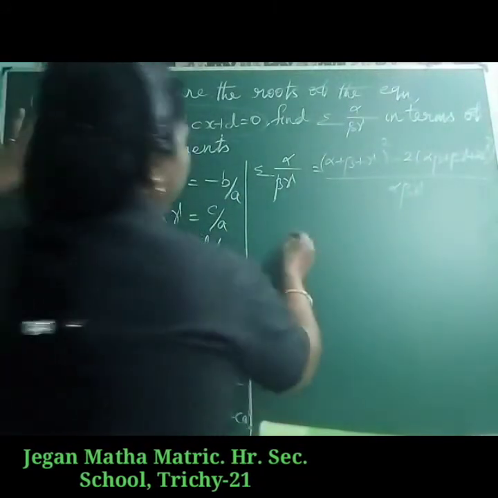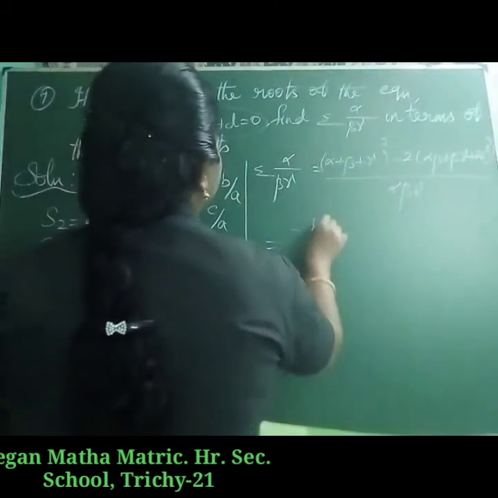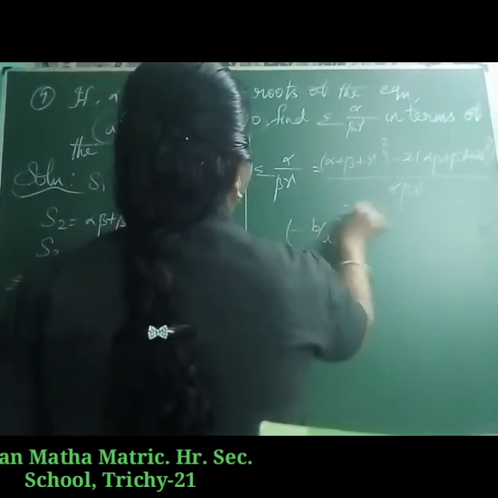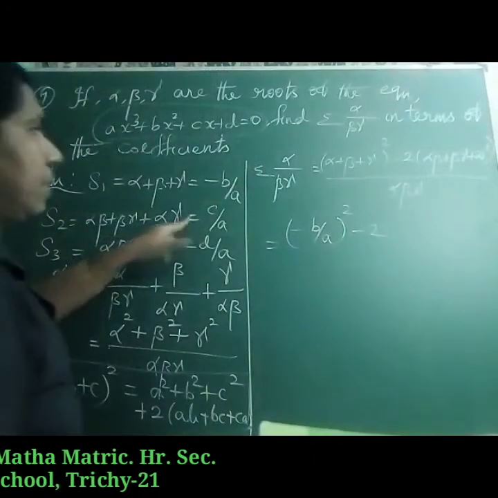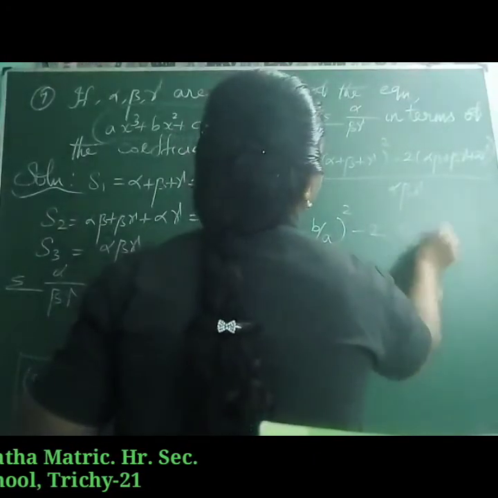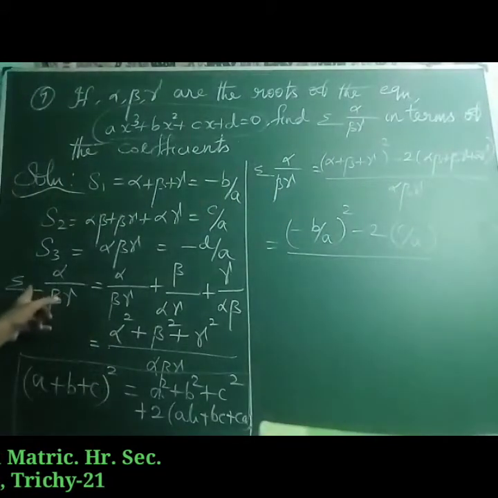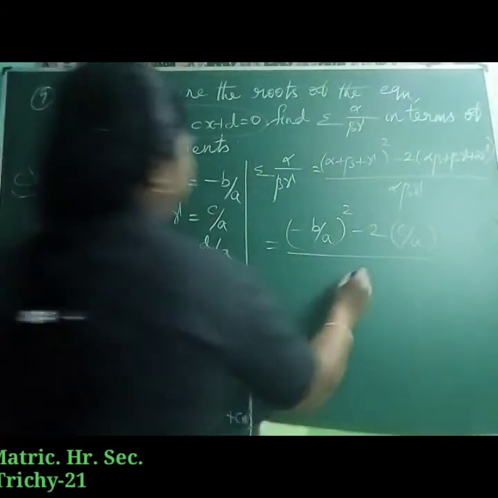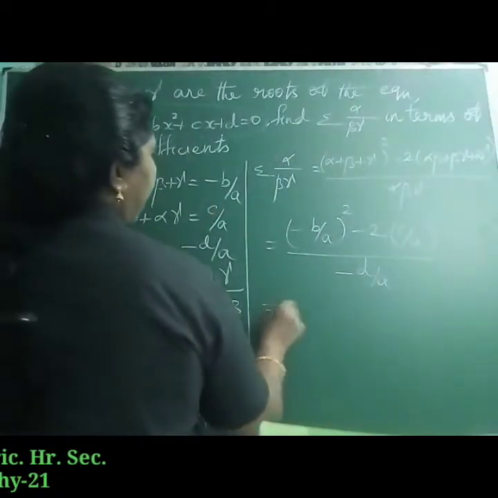So if you are substituting here, alpha plus beta plus gamma is minus b by a, the whole square, minus 2 into, second summation is c by a, divided by alpha beta gamma, third one, minus d by a.